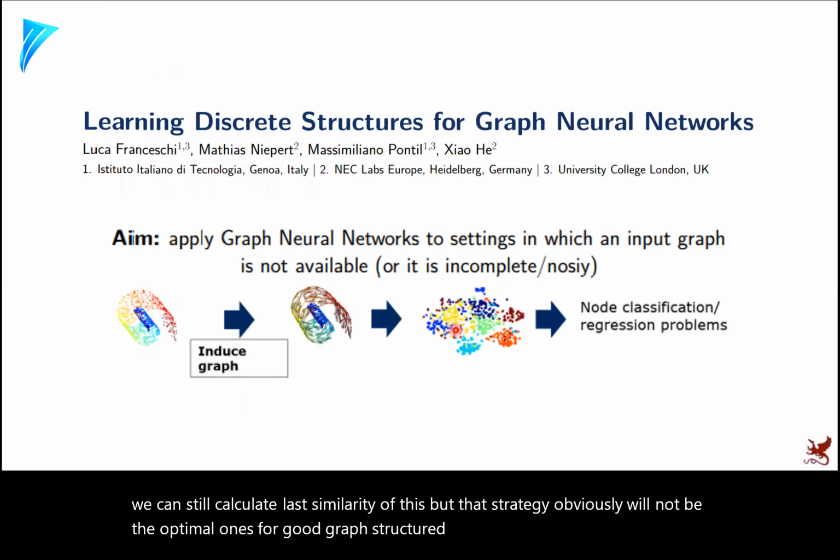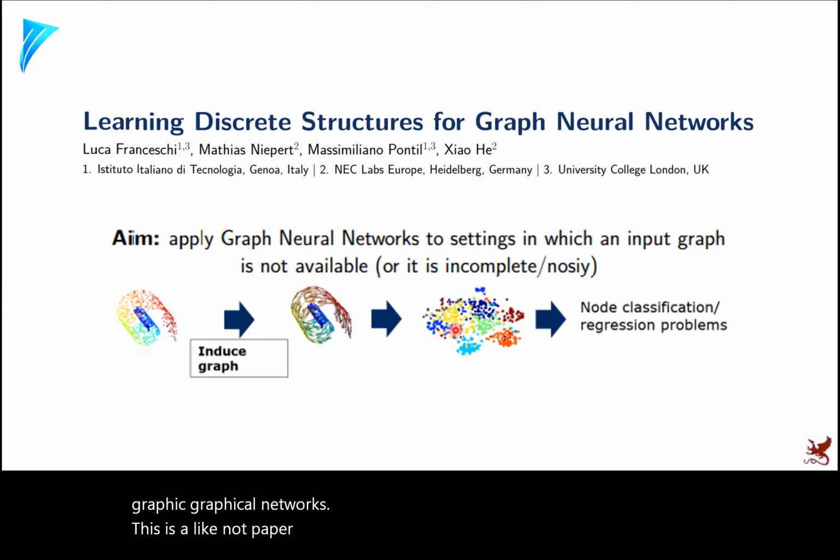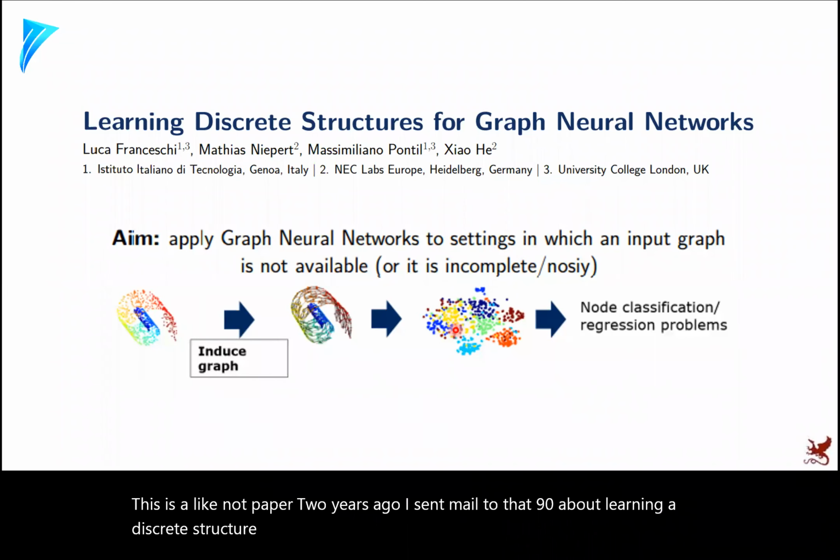Later on, I will also discuss two recent papers about how to learn discrete structures, especially for graph neural networks. This is a paper from 2 years ago, ICML 2019, about learning discrete structure for graph neural networks.